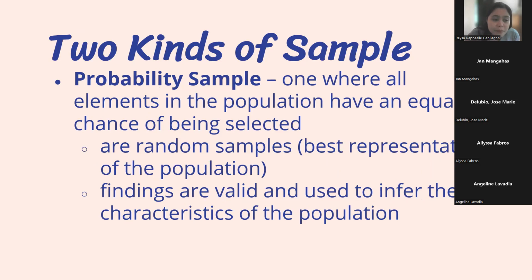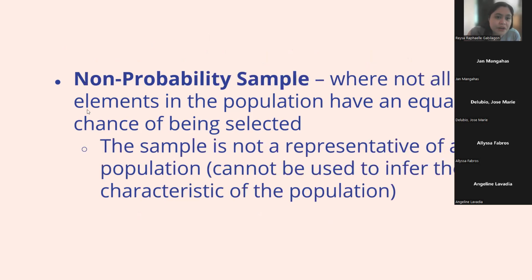And kapag random samples, they are considered as the best representative ng ating population. And since this is the best representative for our population, the findings of the study, if you have probability sample, are valid and ginagamit talaga siya to make inferences, generalizations, or conclusions about the characteristics of your population.